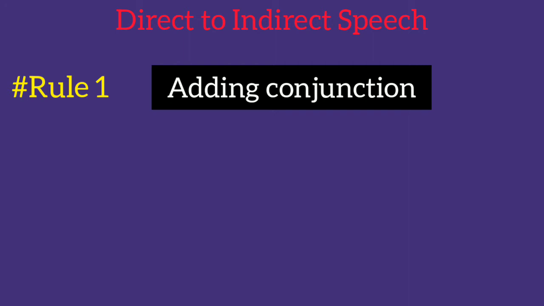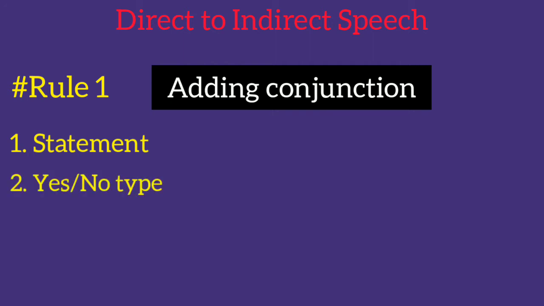Okay, now tell me what are the 4 kinds of sentences? Yes, the 4 kinds of sentences are statement, yes or no type, WH question, and RCI, that is request, command, and instruction.